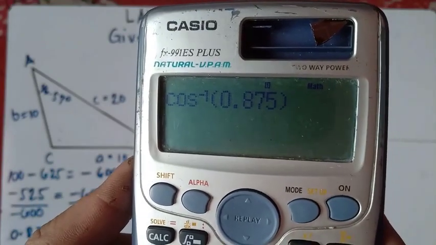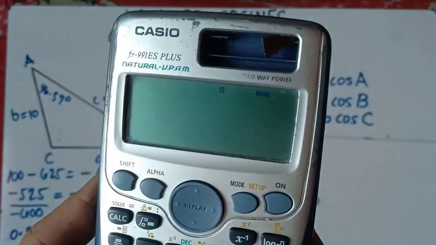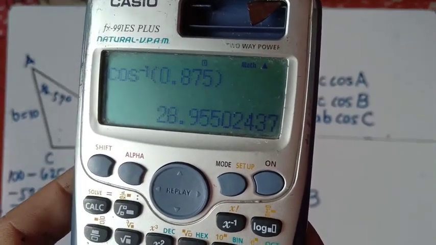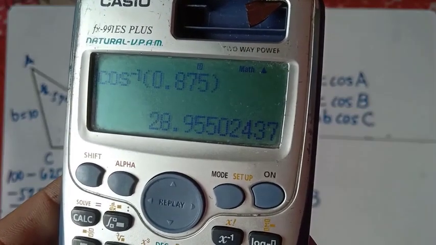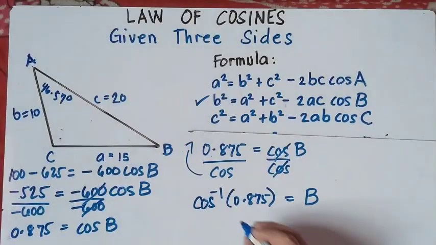So shift cosine 0.875, equals, and you will get 28.955. Rounding off, the next digit after 5 is 5, so 28.96.